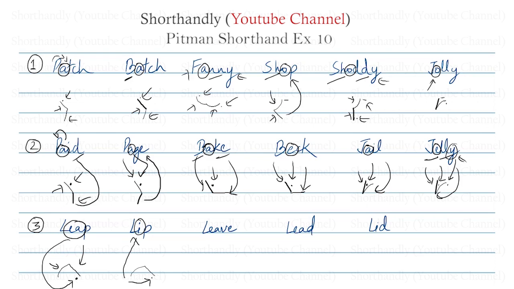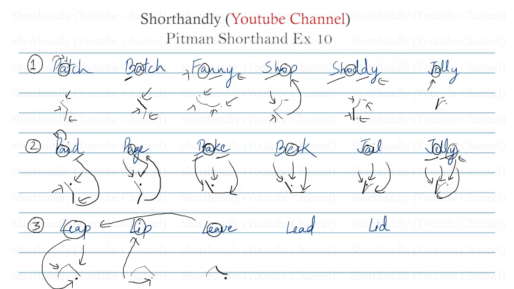So that's our word lip. Next is leave. Again, the E vowel as we had here. So leave will be written like this. And we made the outline below the line because for the V vowel, we always make the outline through the line.